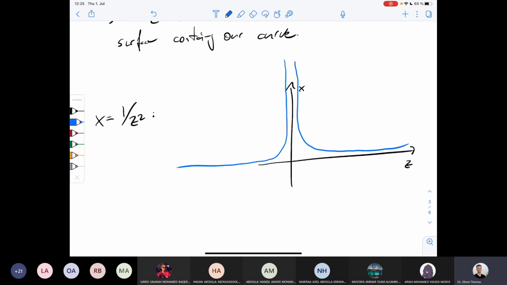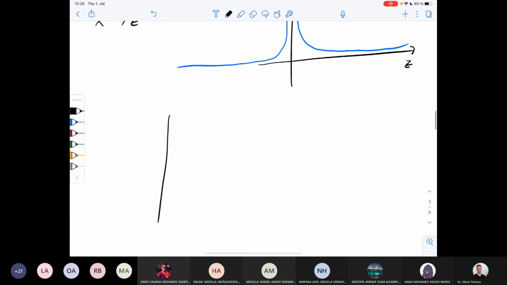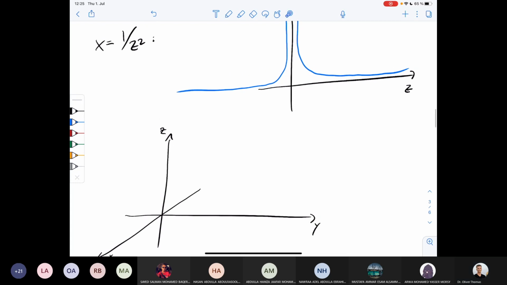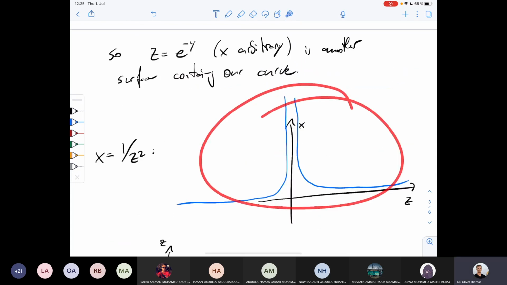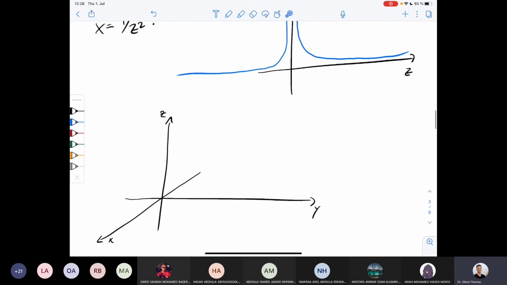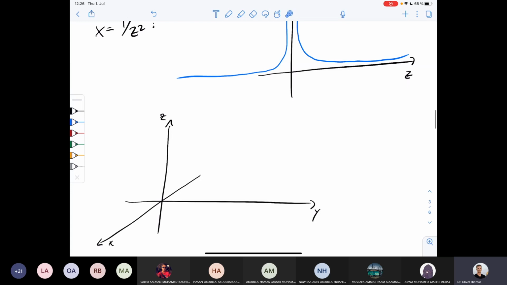Now, this is what it looks like in two-dimensional space, but we wanted a surface, so we now need to transfer it to three-dimensional space. So let's get our 3D coordinate system. This is x, this is y, this is z. This image now has to appear in this plane, just regrettably a bit twisted and turned because now it goes in different directions.